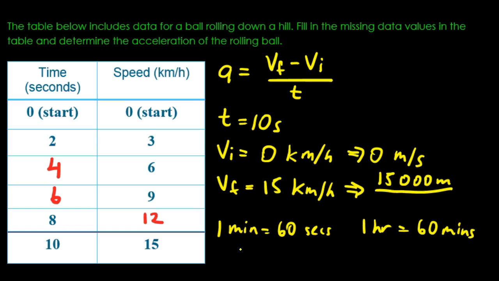So 1 hour equals 60 seconds times 60 minutes. So in 1 hour there are 3,600 seconds. So over that 15,000 meters, it would cover 15,000 meters over 3,600 seconds.